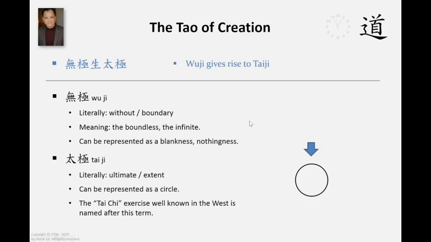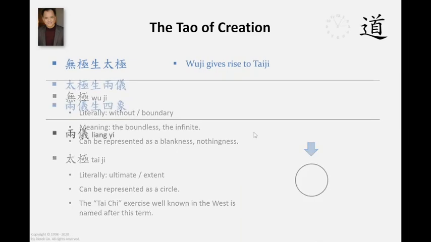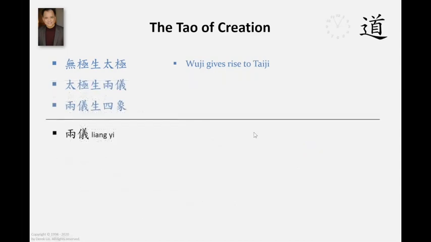Now I mentioned that there are 4 lines in this alternative expression of the Tao of creation. So what about the other 3 lines? I can highlight and explain 2 additional lines. First of all, 太极生两仪.